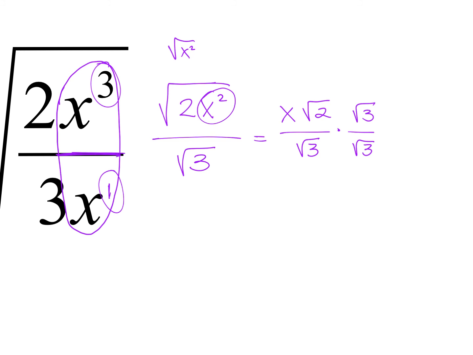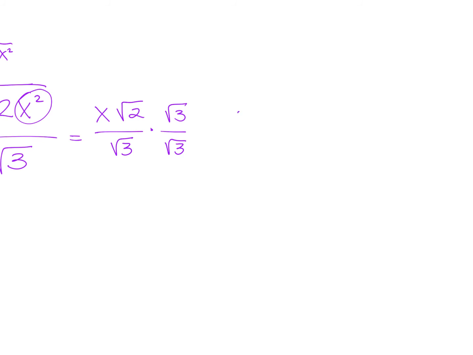So we get on top the square root of 6, and we still have that x out in front. On bottom, what's the square root of 3 times the square root of 3? It's not the square root of 3. It's the square root of 9, which is 3. So this is as simple as it gets. Okay.